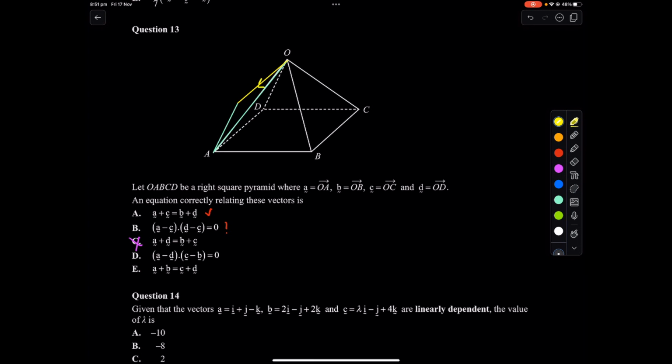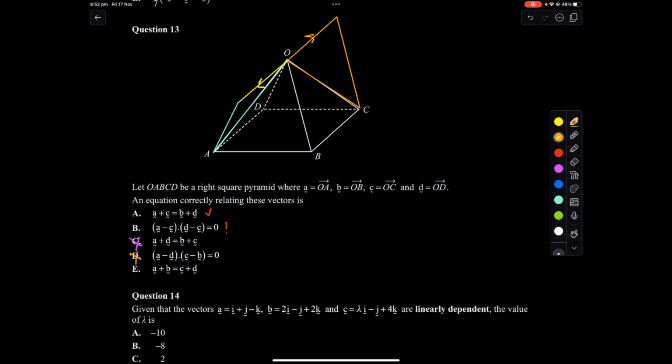It's multiplied by C minus B. C is this, minus B. If I take this over here, which I would normally put over here, but once it's minus, it's going to look like this. They're kind of in a straight line, so they don't actually have a right angle to each other, so the dot product is not going to be 0.